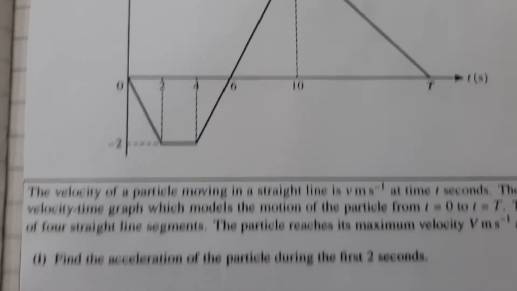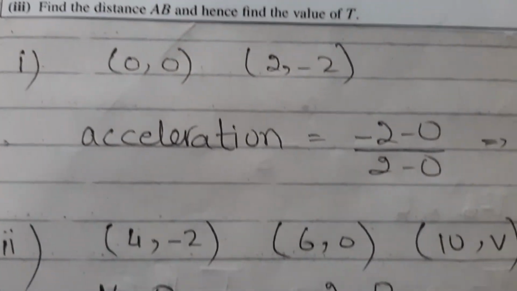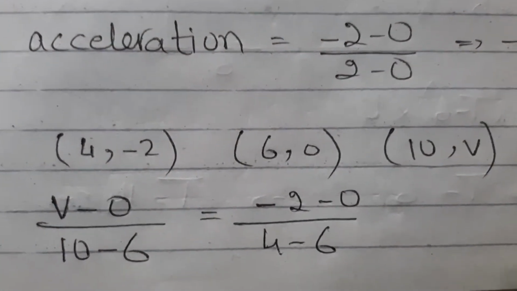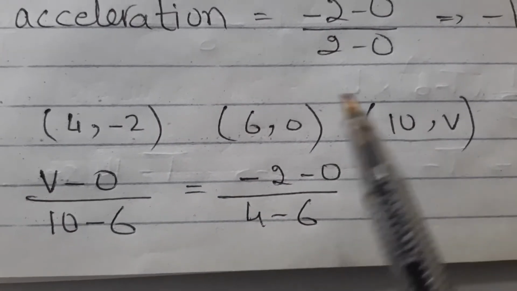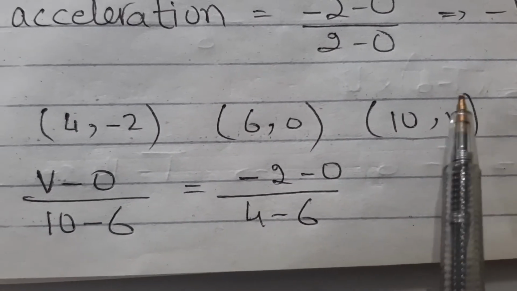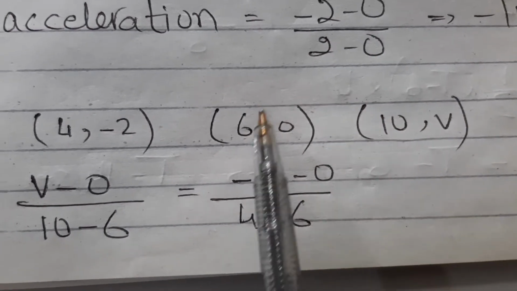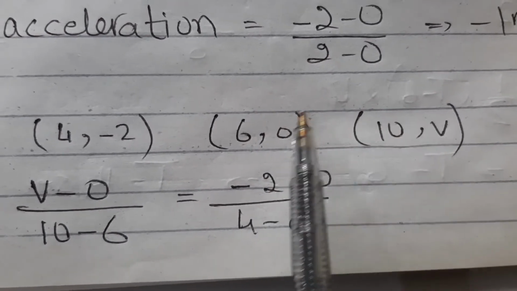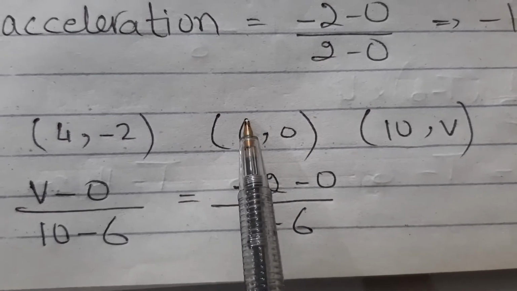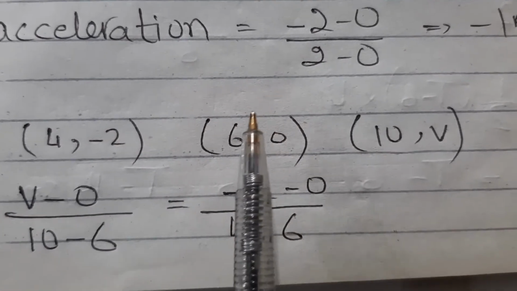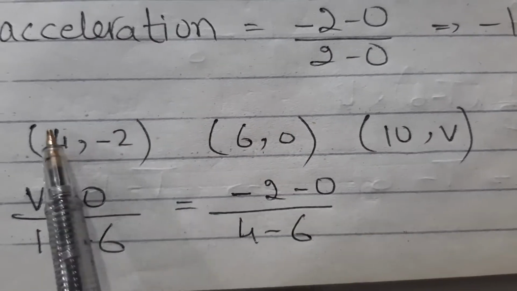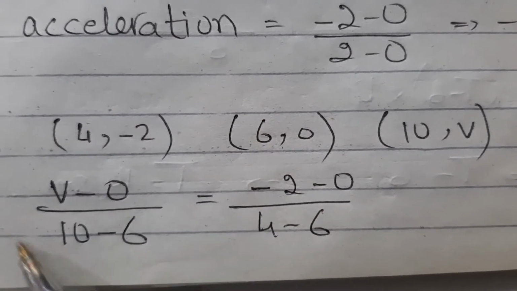So let's see here. Because the purpose is to find the value of v, I have these 3 points on the straight line. I'm applying the gradient formula on this one first: (v - 0) over (10 - 6). And then I'm applying it on these two: (-2 - 0) over (4 - 6).